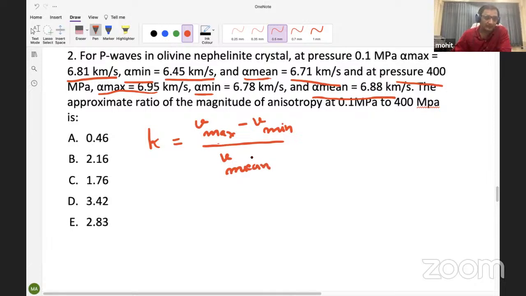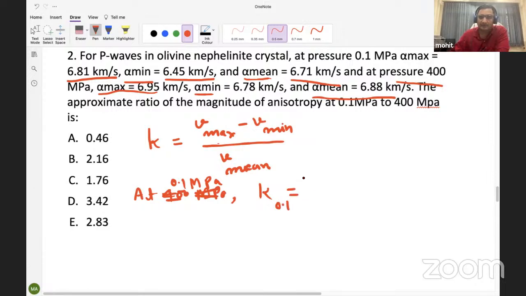First we will talk about 0.1 megapascal, where the values are given. So we are going to find k at 0.1 megapascal.